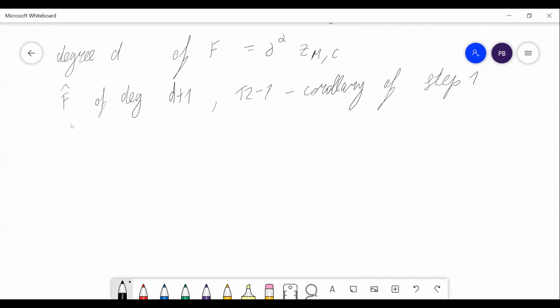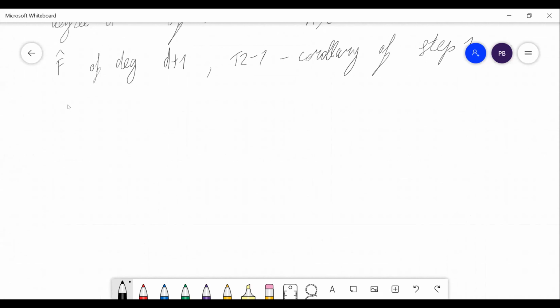Moving on, this will be a little trickier. We can remember a trick with decomposing f into homogeneous symmetric polynomials.